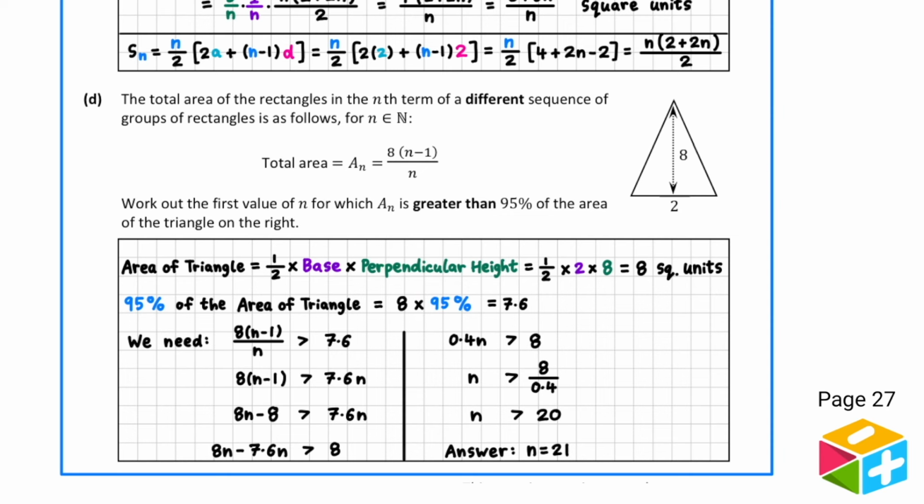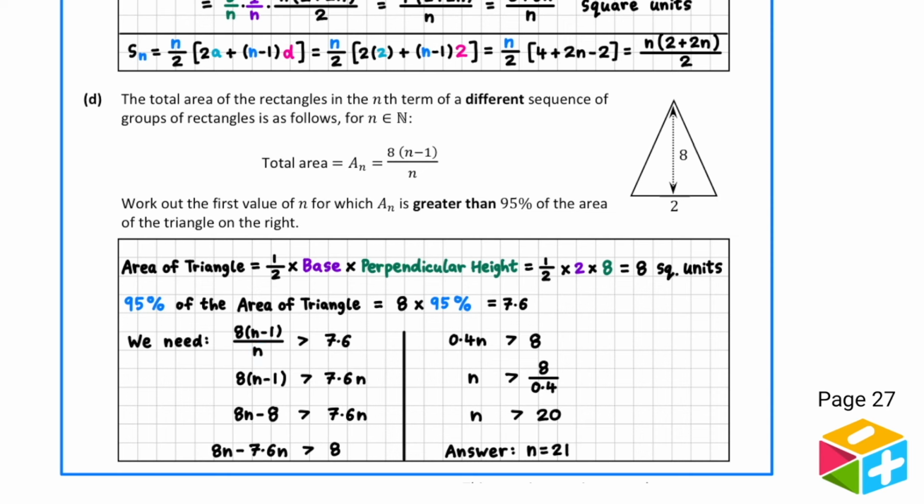When we write in the given expression for an, we end up with the following inequality. 8 times n minus 1 over n is greater than 7.6. We can solve this inequality to find the value of n. To begin, I'll multiply both sides by n.